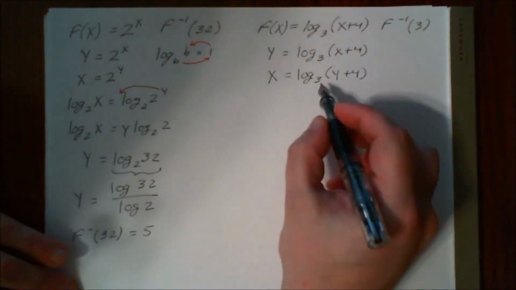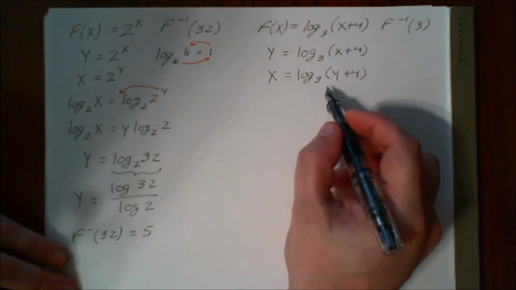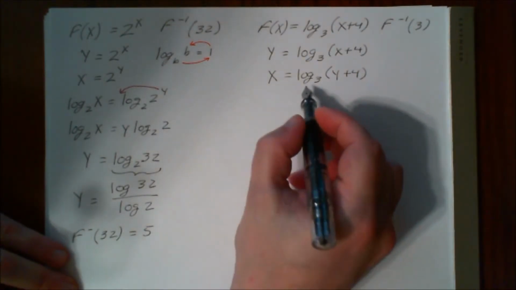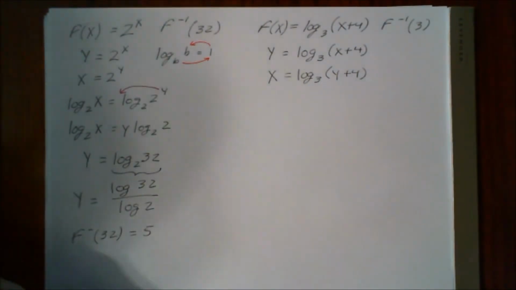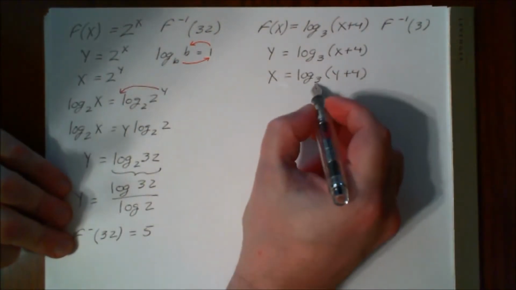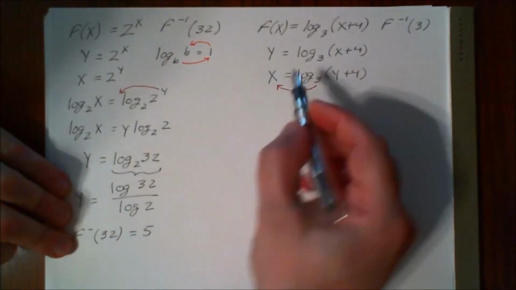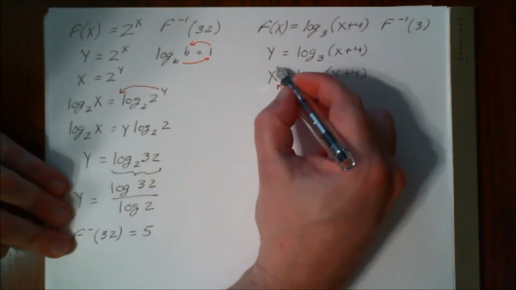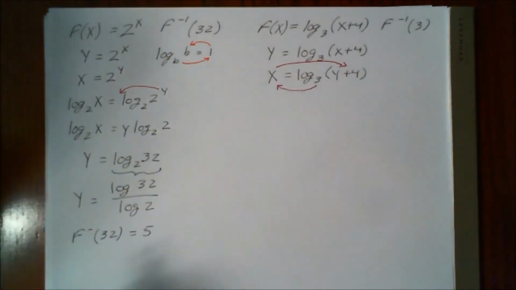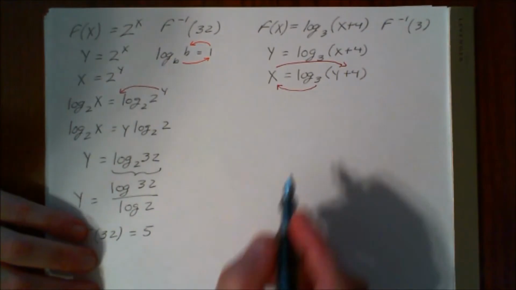Alright. So to get the y by itself here, we're going to change to exponential form. So remember, we take the base here, which is 3, to the power of the value on the other side of our equal sign, and that's going to equal my argument. When I change to exponential, that's going to get rid of my log.